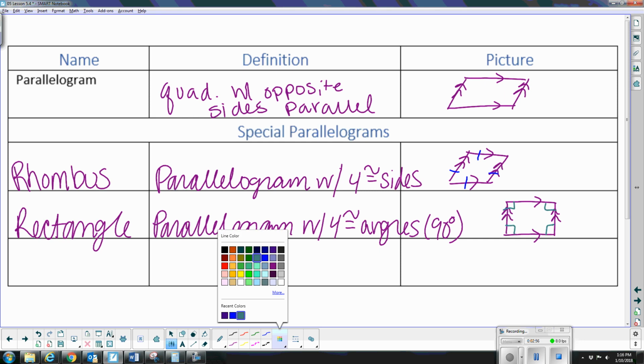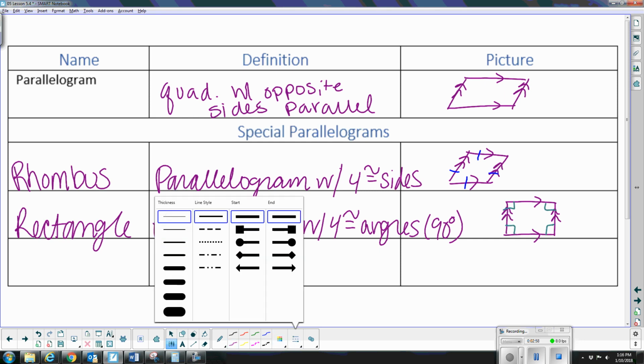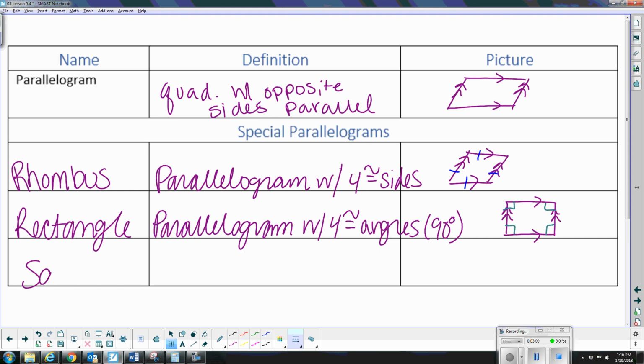And then the next one is a square. It's a parallelogram with 4 congruent sides and 4 congruent angles.